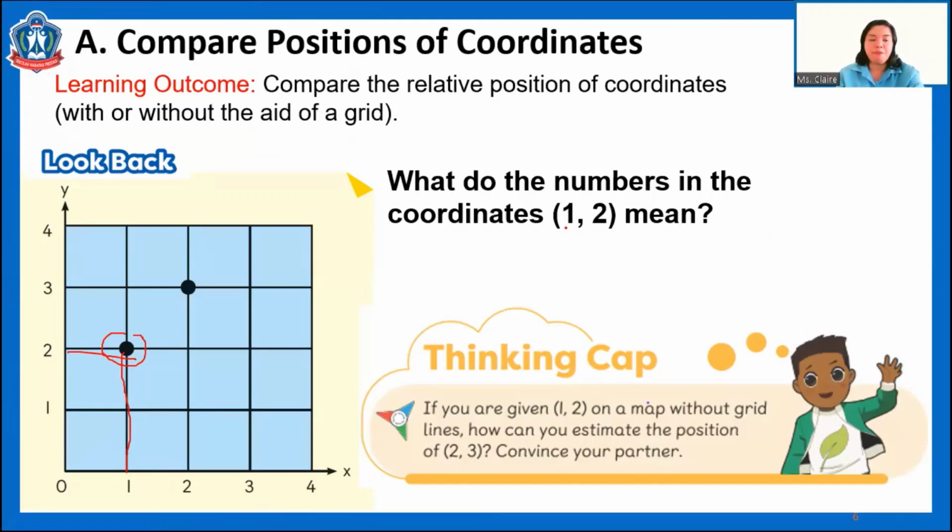How about this point? This is 2, 3. So this point here, the coordinates are 2, 3. If I put a point here, what are the coordinates? P5, if you know, you can share that during our class.